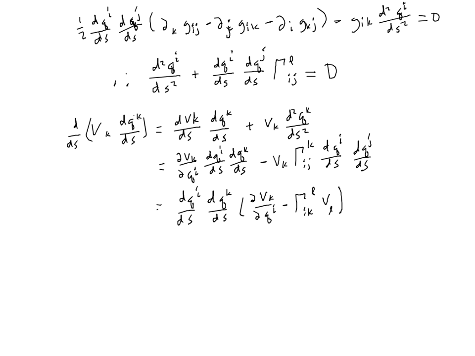And so this right here is just a covariant derivative. So this is just basically saying that the change in this vector or the scalar quantity is the velocity squared times the covariant derivative of the vector.